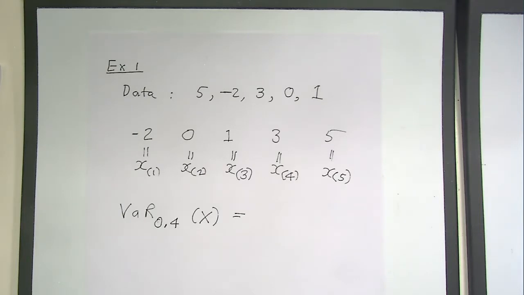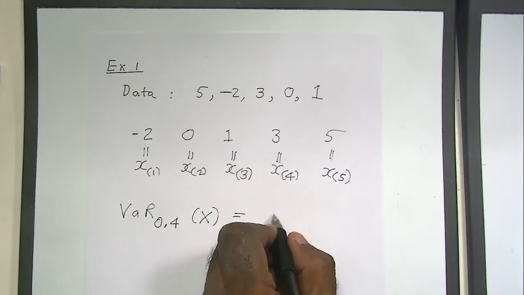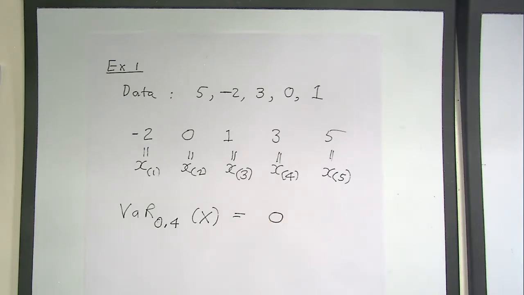So if P is 0.4, where would it go? What would i be? Can i be equal to 1? What about 2? Yes. So the answer is 0, right? Is that clear how I got it?